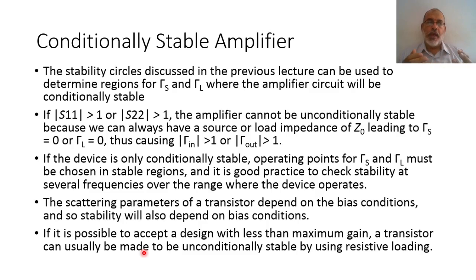So if we can reduce the gain or increase the losses slightly, we can improve the stability of the transistor. So if it is possible to accept a design with less than maximum gain, a transistor can usually be made unconditionally stable by using resistive load.